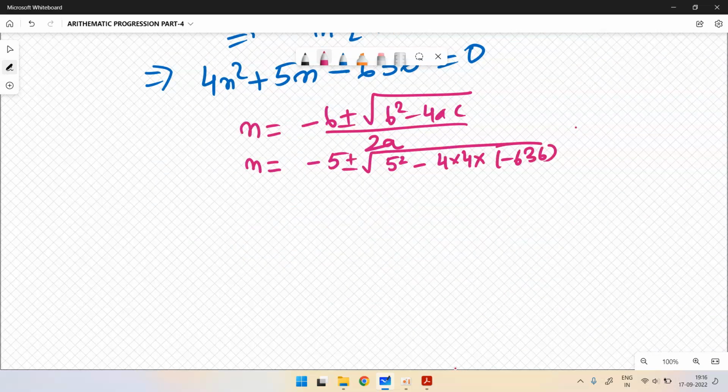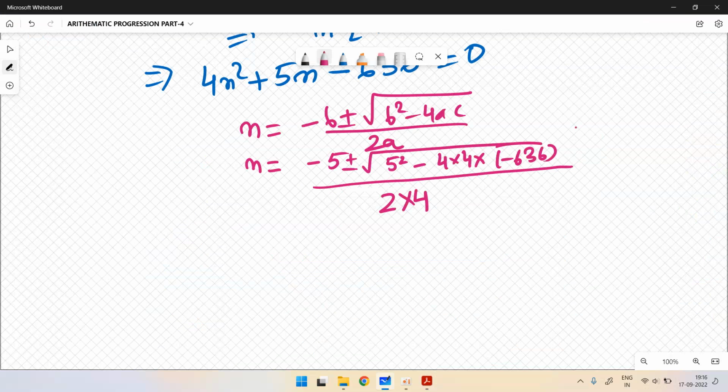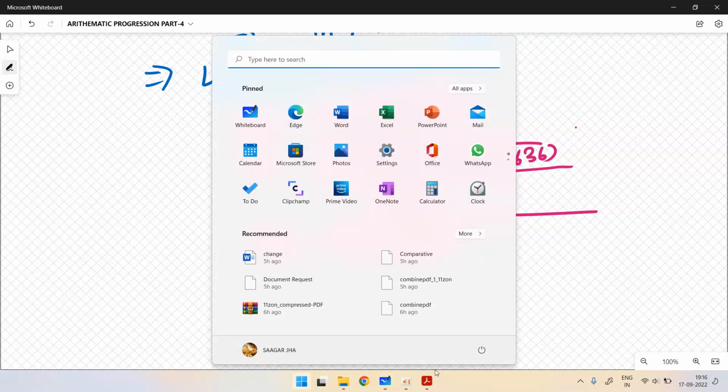This is a tough one. So this is 2 into 4. So the value of n is minus 5 plus minus under root 25 plus 636 into 16.